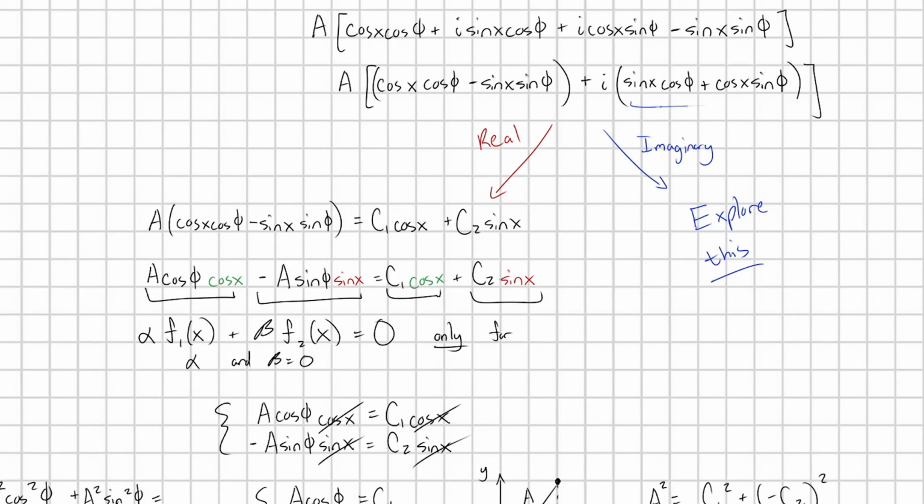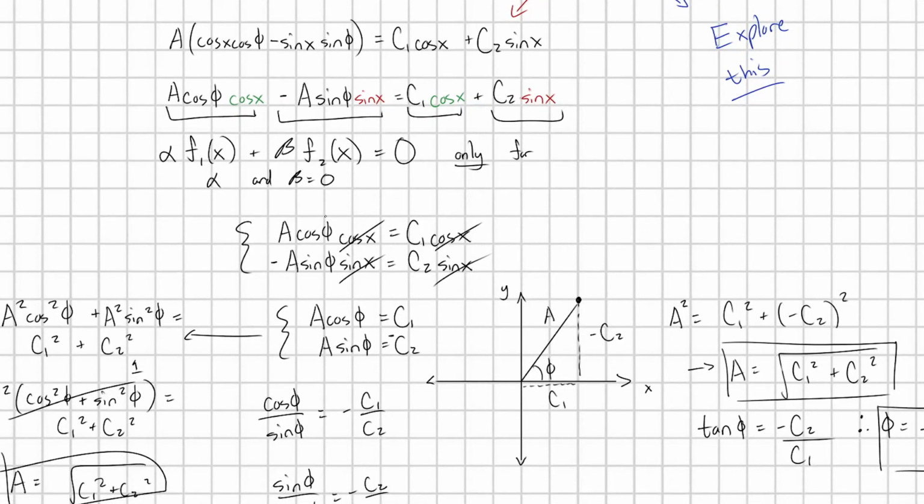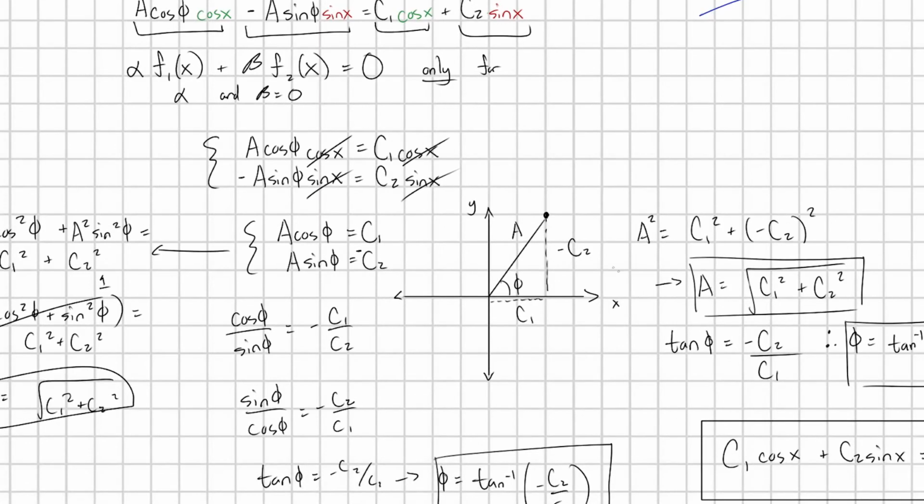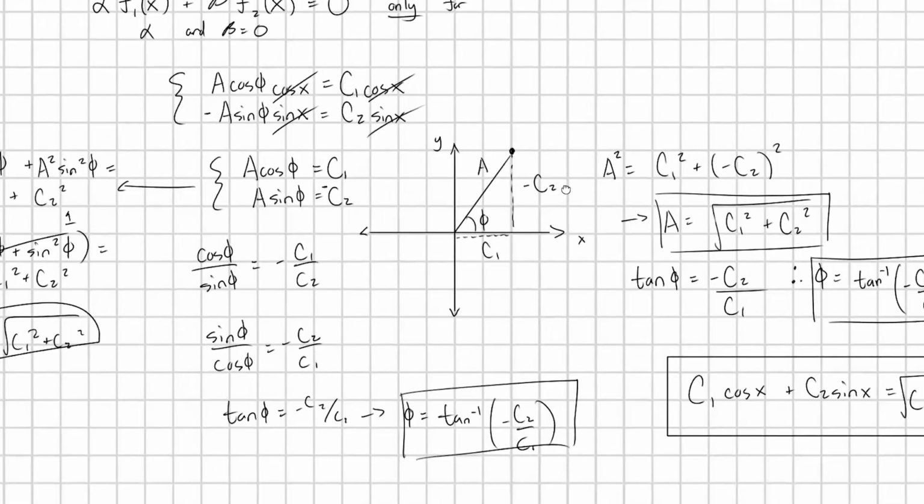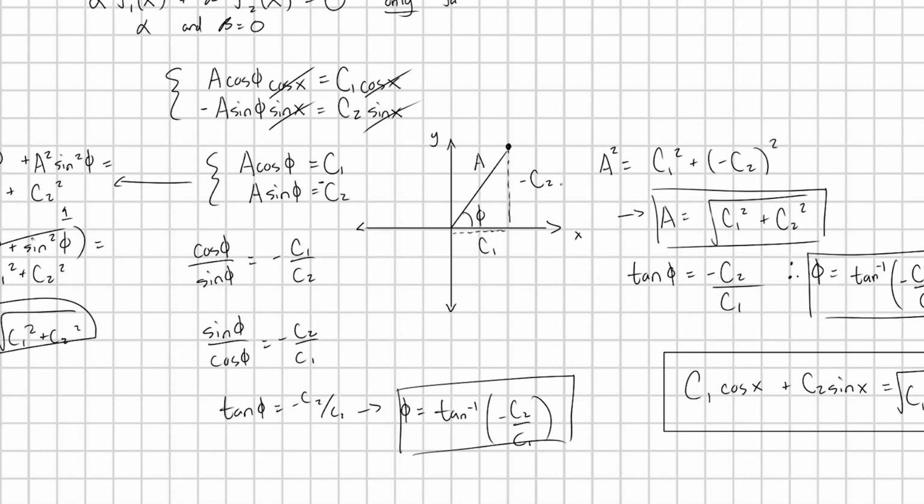Equate the imaginary part here to C1 cosine x plus C2 sine x. Go ahead and compare your apples to apples, right? Write out two equations, just like I did. Come up with these two key equations. See if you can come up with a picture to show what those equations represent. And then solve those equations in order to come up with equations for your amplitude and for your phase shift.